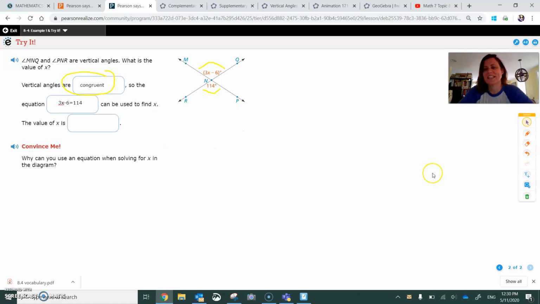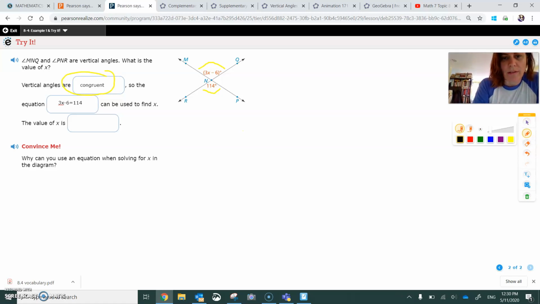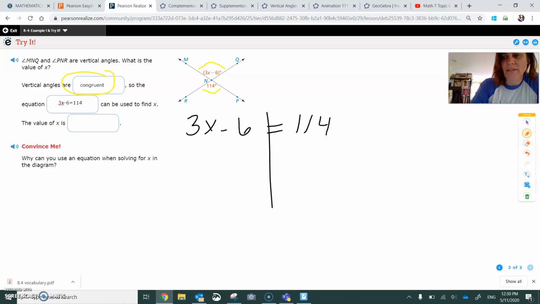So if you want to find x, and I'm going to try to do this with my finger, we know that the angle 3x minus 6 is supposed to be 114 degrees, which means we're trying to find the value of x.